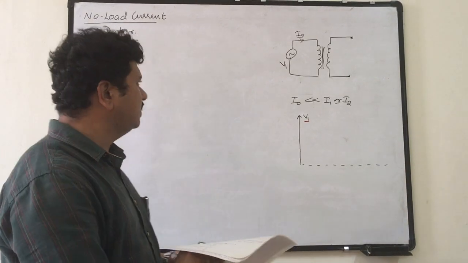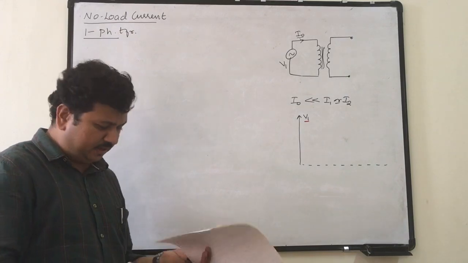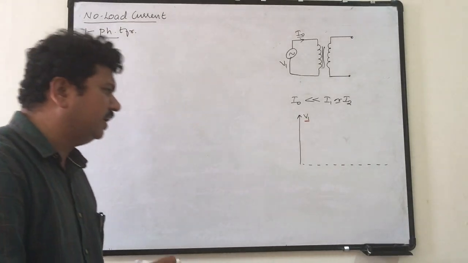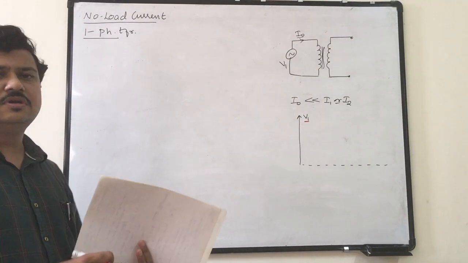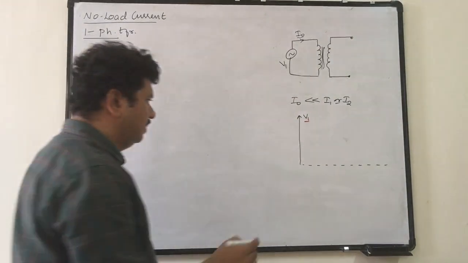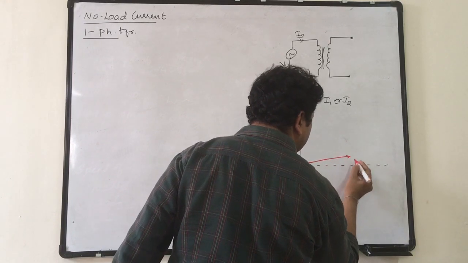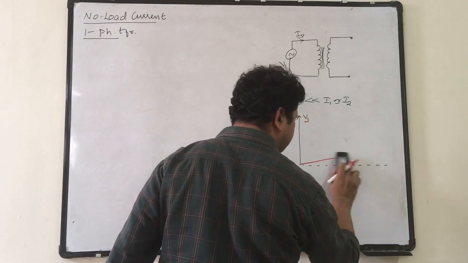Therefore, because of the large reactance of the primary winding, the current lags the voltage by an angle nearly 90 degrees.